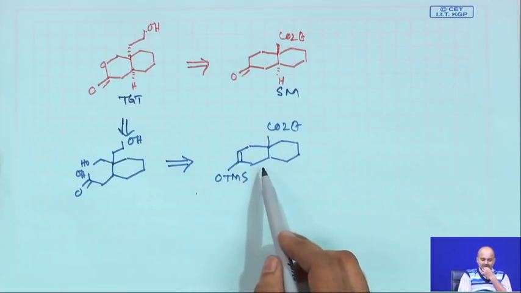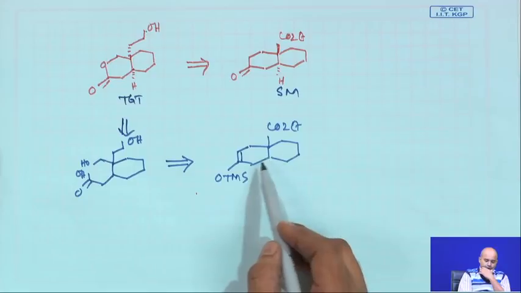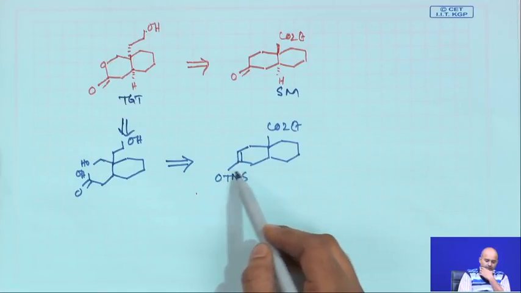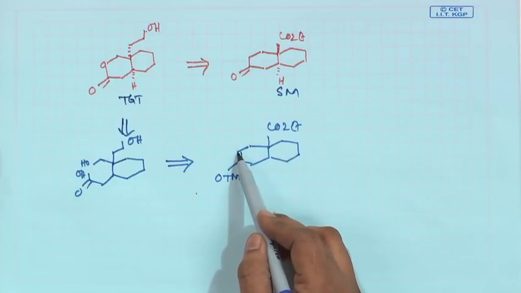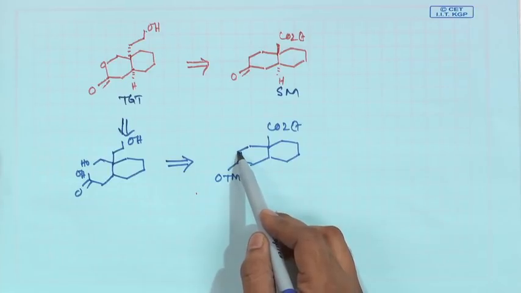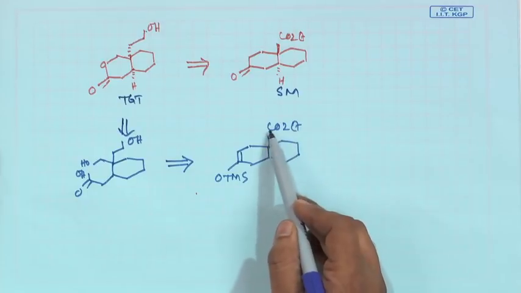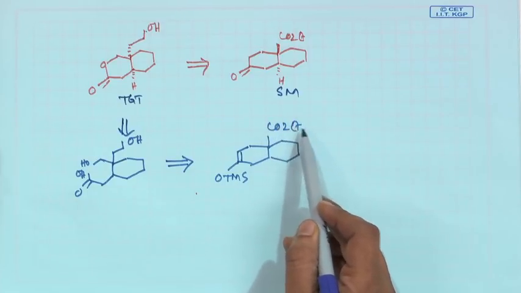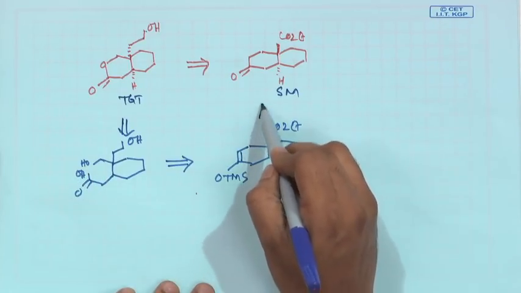If you have this intermediate, you basically do an ozonolysis, right. So, what will ozonolysis give you? It gives you CH2 C double bond to OTMS or a carboxylic acid, and this part is CH2 CHO, which you can reduce to give you the corresponding alcohol as it is here. Now, if you can somehow convert this CO2 to CH2OH, this may do the ring closing. So, it was basically formulated in this way.